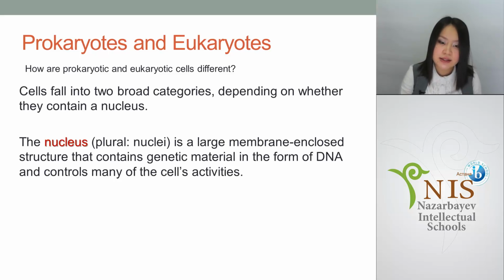The nucleus, in the previous picture it was labeled 2, plural nuclei, is a large membrane-enclosed structure that contains genetic material in the form of DNA and controls many of the cell's activities.